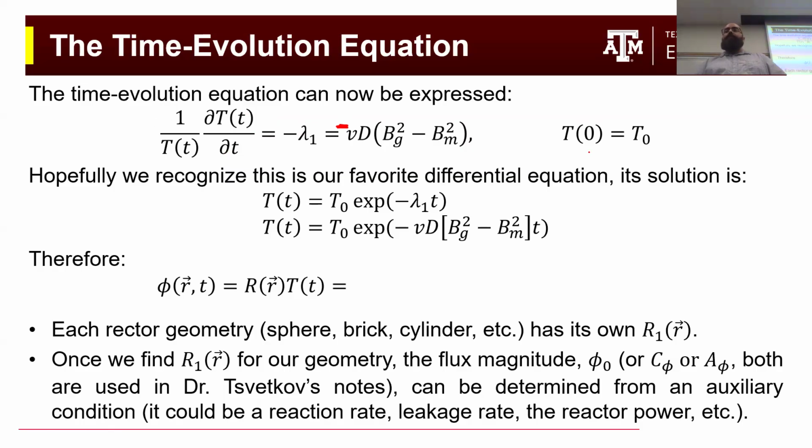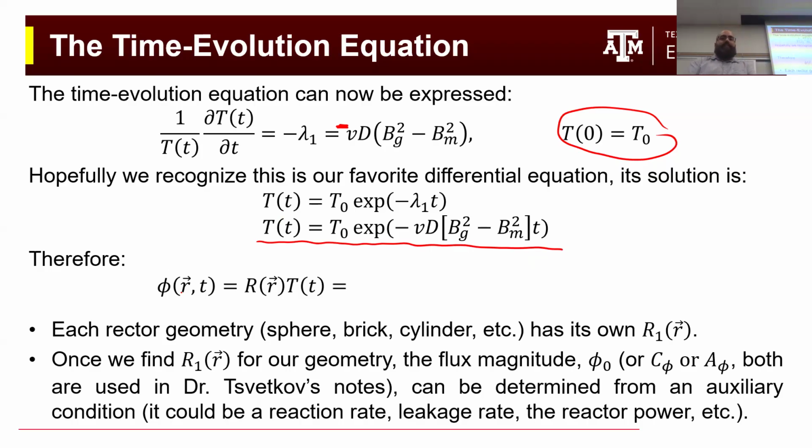With knowledge of this initial condition, we can plug that in to eliminate the constant of integration from that solving process. So if we go through the math, the solution is our favorite exponential solution to a differential equation. And therefore, we have now figured out what the time part of our solution looks like.